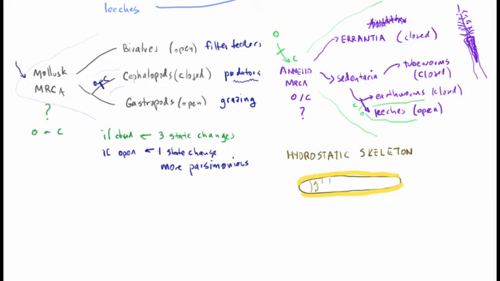Basically, if we contract these circular muscles, the worm gets longer and skinnier, and then we've got longitudinal muscles that go in this direction all the way around the worm. And when these muscles contract, the worm gets shorter and fatter. Okay. That was a basic argument of a hydrostatic skeleton.